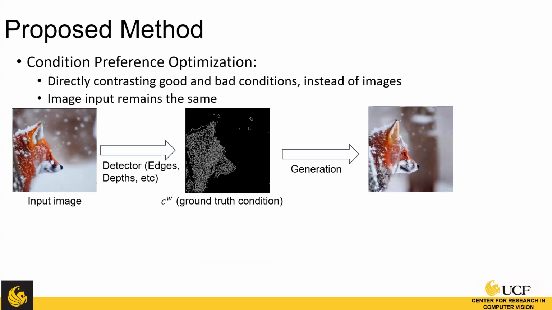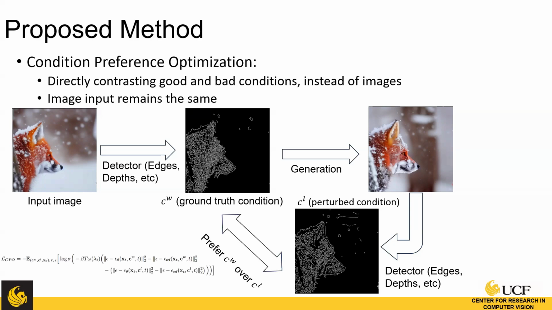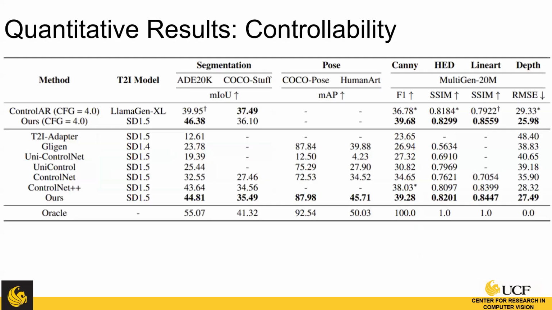And we generate an image from the ground truth condition, and we detect a losing condition from the generated image, because the generative model is never perfectly controllable. So we contrast the winning condition and the losing condition with our defined CPO loss, which is derived from the diffusion DPO training.